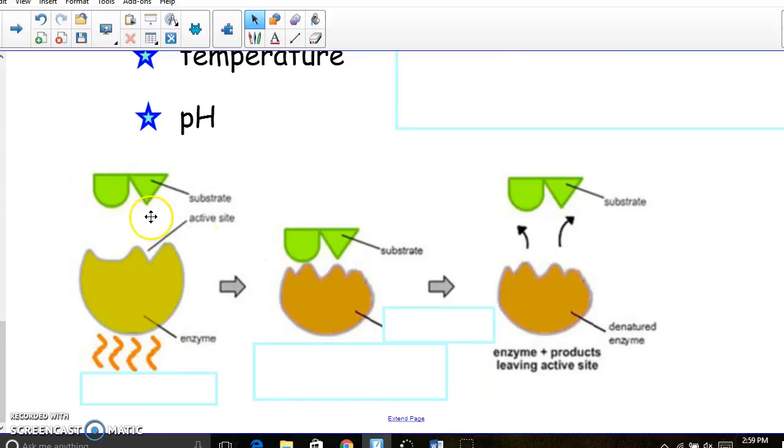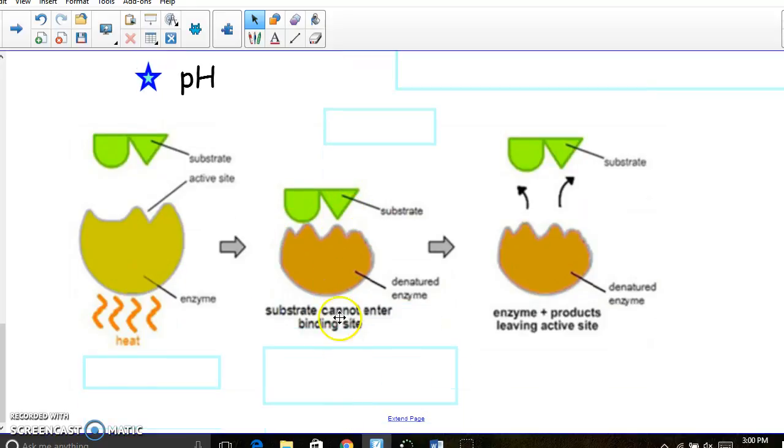So here's an example of how this would happen. Here we have an enzyme, and here's our substrate, and see, it's ready to fit right in that spot perfectly in the active site. Awesome, except we add heat. Now we heat up this enzyme, and look, the enzyme is denatured. It changes shape. Now the substrate no longer fits.